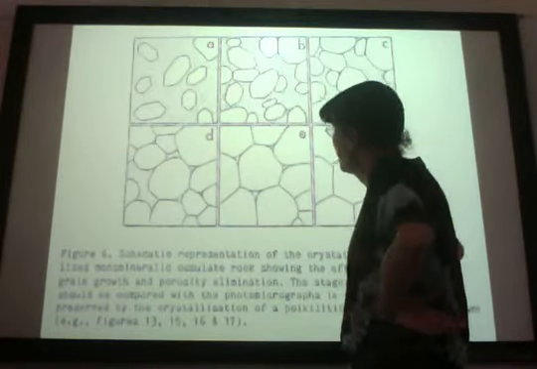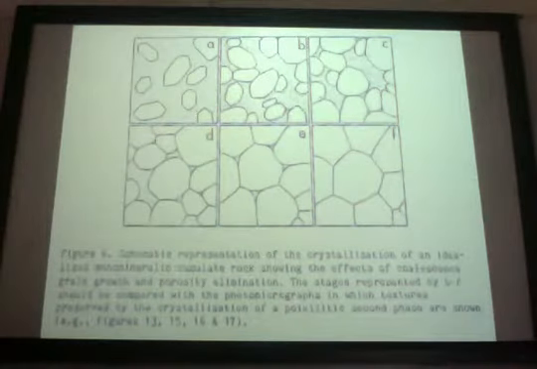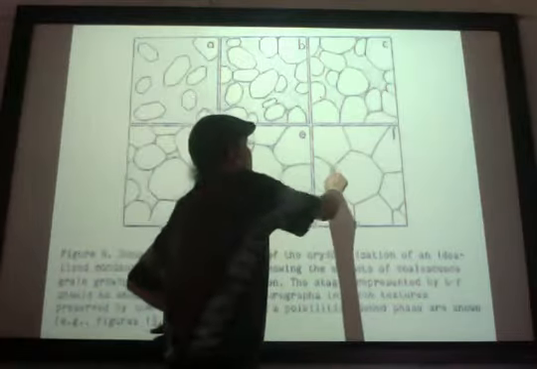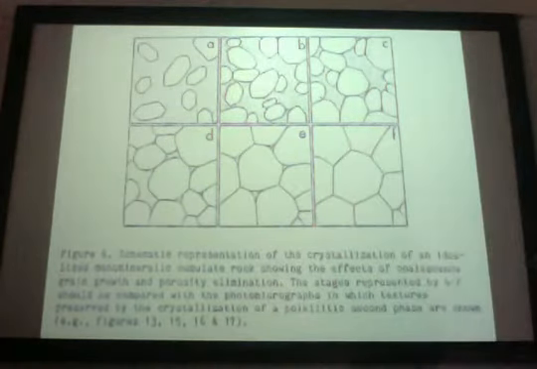So these melt pockets you can then find in the grain boundaries. But these grain boundaries, or the angles within your grain boundaries, are also very important for the fluid transport. Yeah?